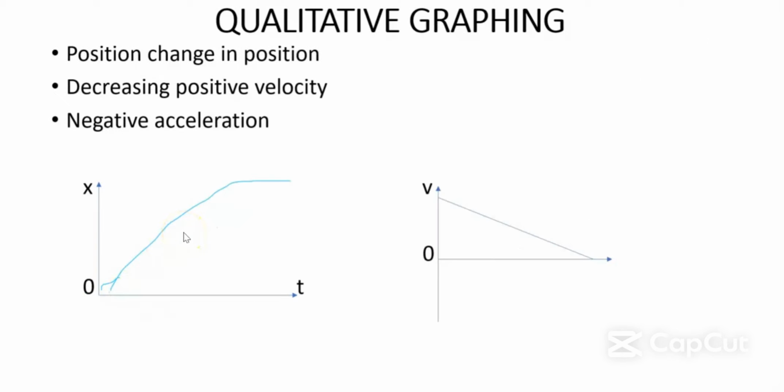Then this next part, we have a positive change in position and decreasing positive velocity and negative acceleration. So either of the following two graphs represent an object slowing down in the positive direction.